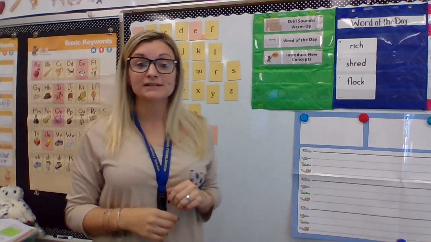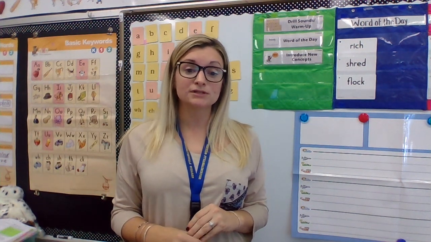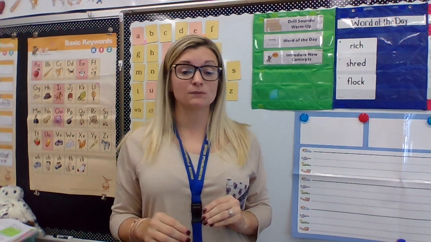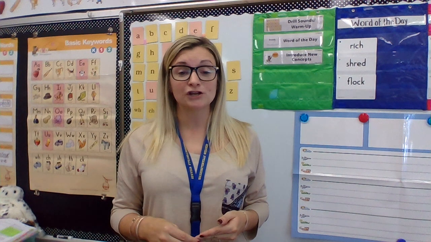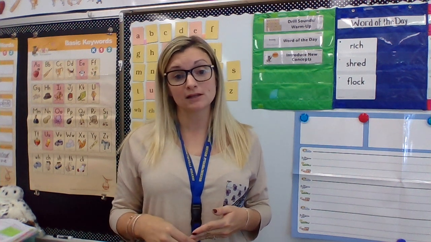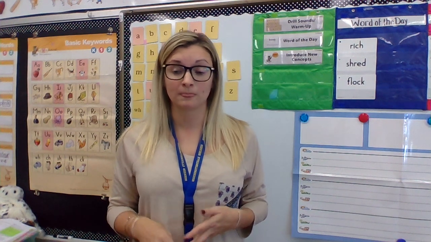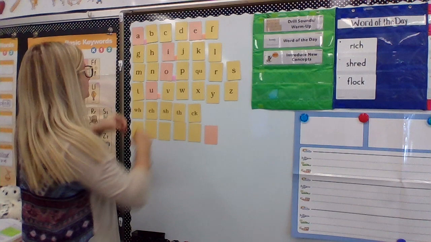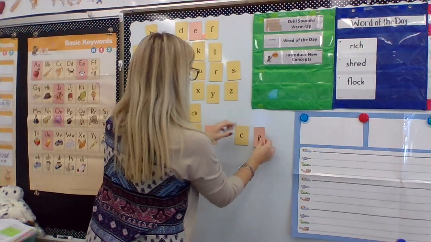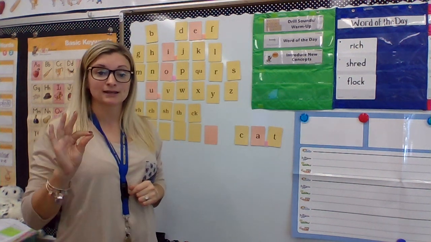Okay. Now we're going to talk about how we mark closed syllables. Marking closed syllables has a couple different things that we need to do. So it's super important that you pay attention and you watch how I mark these words and these syllables, because you're going to have to do them eventually in school as well. All right, so let's look at the word cat.